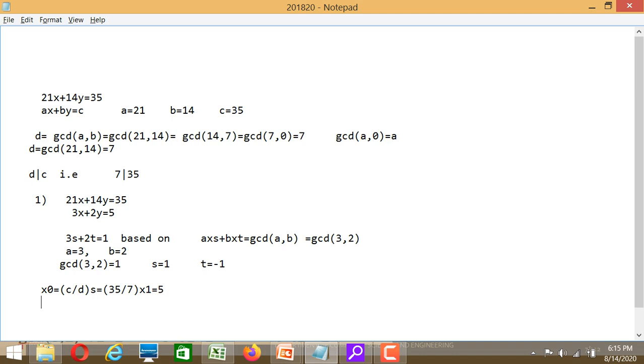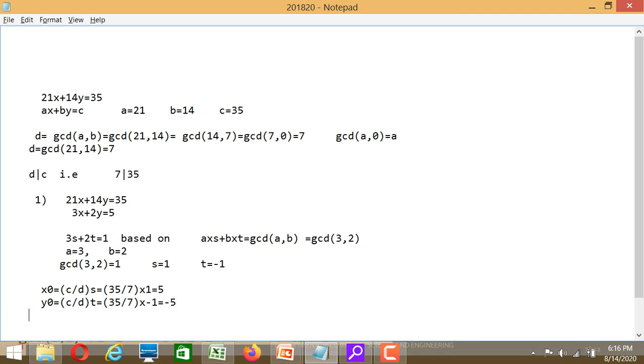Now Y naught is equal to C by D into T. This is equal to 35 by 7 into minus 1 is equal to minus 5.